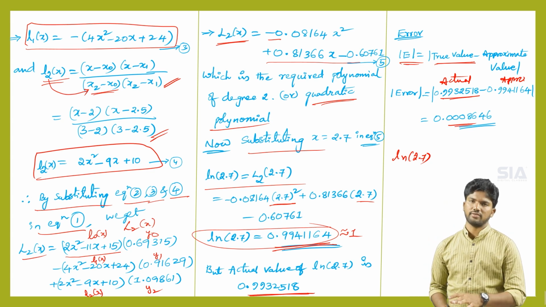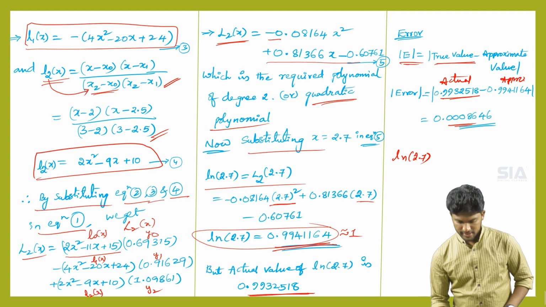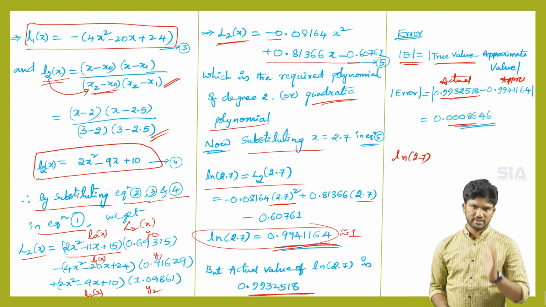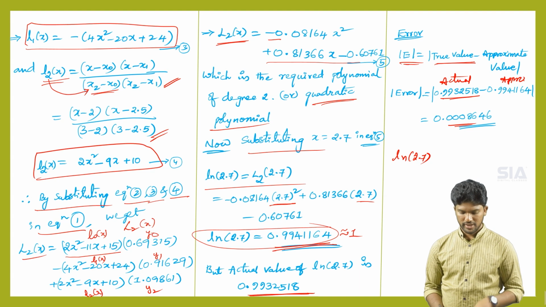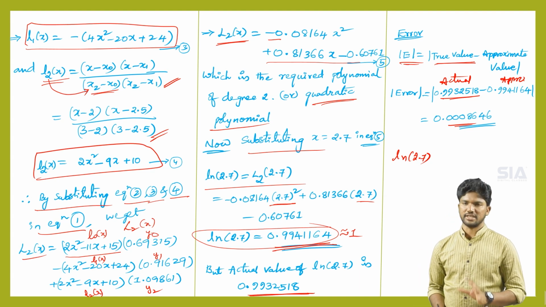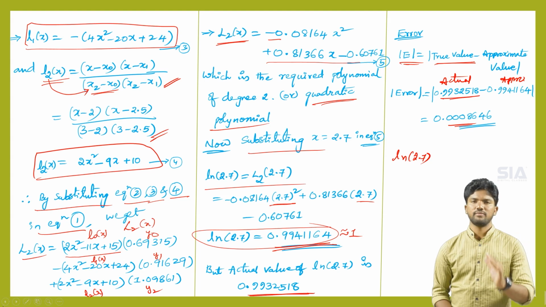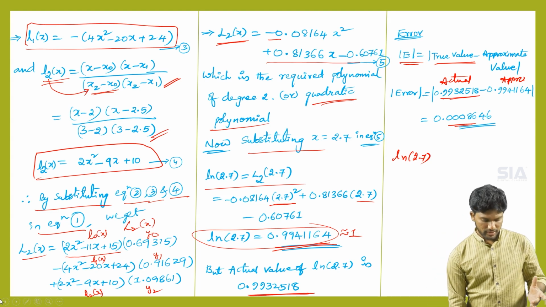That is the error value, and the ln of 2.7 or natural logarithm of 2.7 is equal to 0.9941164.